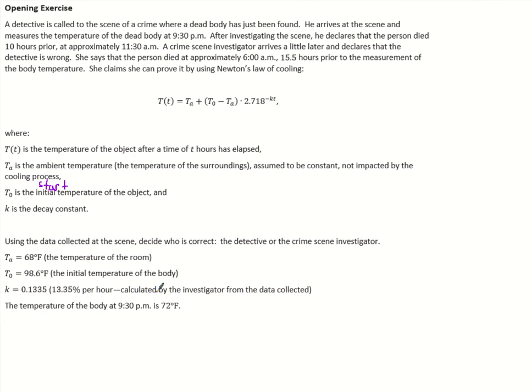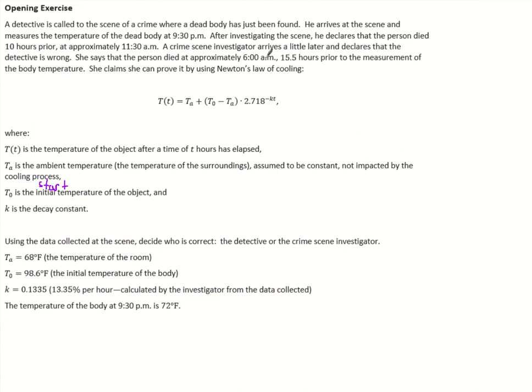So, what we need to find out is which of these two people, a detective or a crime scene investigator, has a better guess or estimate as to what their starting time is.